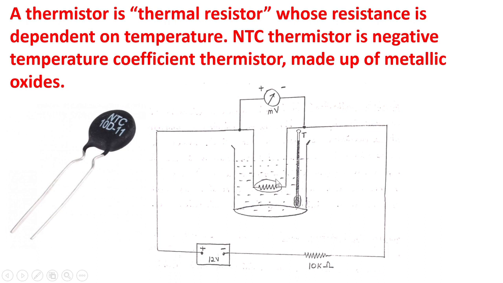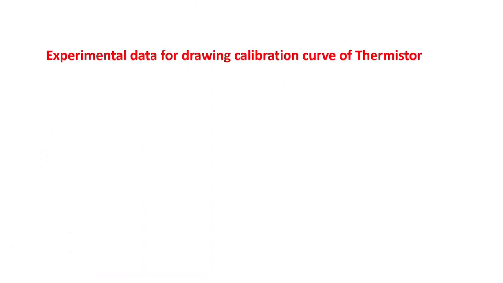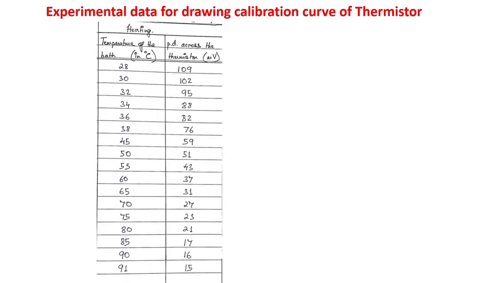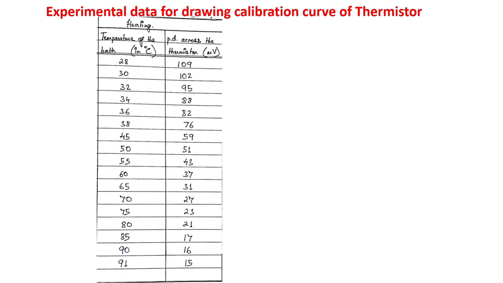Here I am trying to show the demo data which was taken during the increasing and the decreasing of the temperature of the water bath. Check when the temperature is around 28 degree, almost the room temperature, the potential drop across the thermistor is 109 mV.